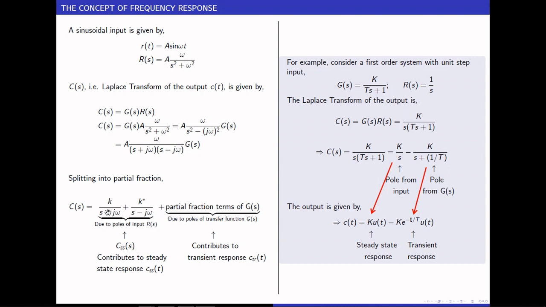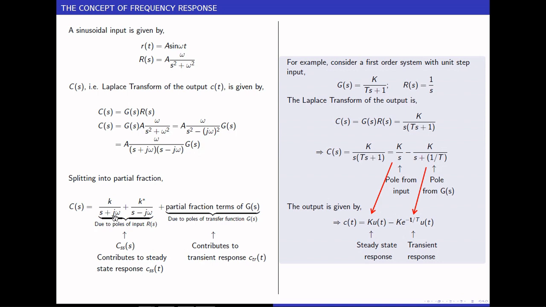Now, if I take these two terms and want to find out c of t, then obviously I should find the residues K and K conjugate. Please note that the steady state response in time domain is c_ss of t, which is nothing but the inverse Laplace transform of C_ss of s. Also, for any factors whose roots are complex conjugate in nature, the residues also will be complex conjugate in nature.